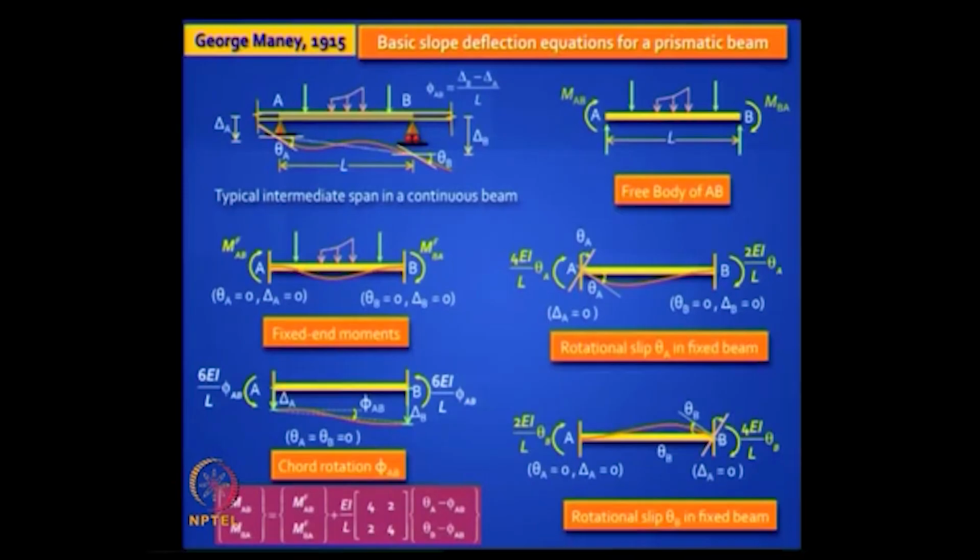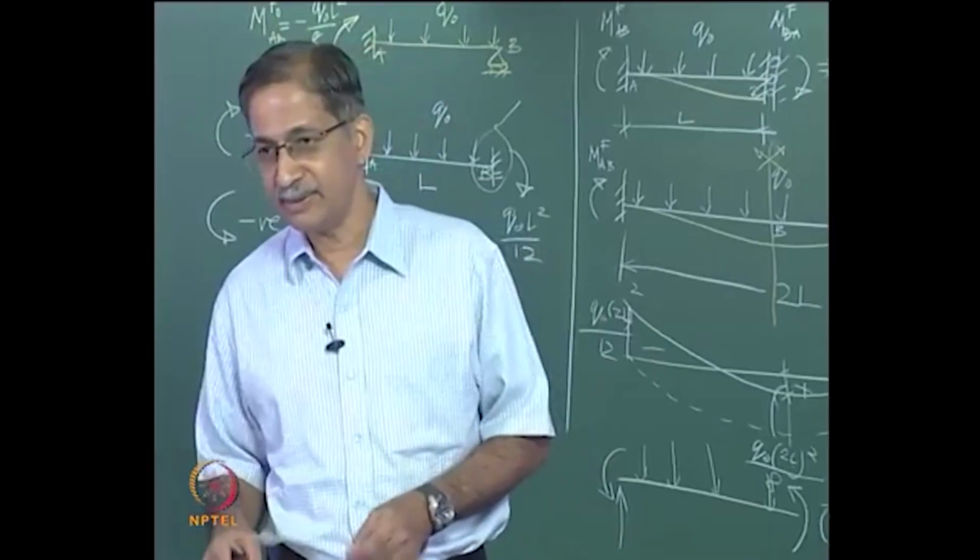MAB is MFAB plus 4EI by L theta A plus 2EI by L theta B minus 6EI by L phi AB, which can be written in this format. MBA is MFBA plus 2EI by L theta A plus 4EI by L theta B minus 6EI by L phi AB. So we will stop here with this introduction.